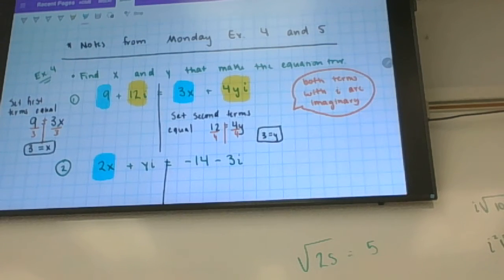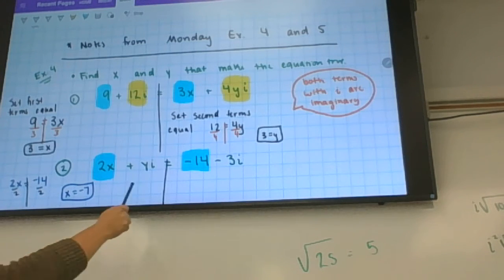Now look at this. There's supposed to be a -14 here, so what is x? x would be -7. And there's supposed to be a -3 here, so what is y?